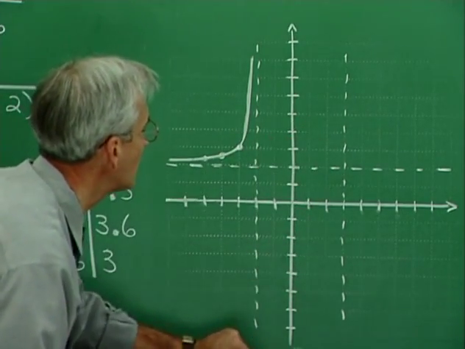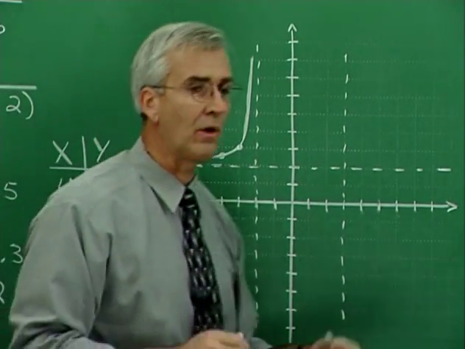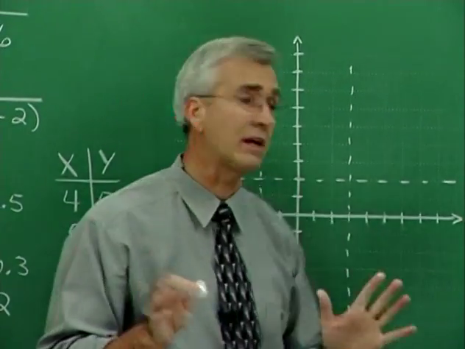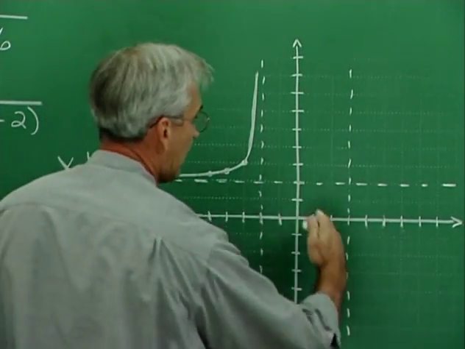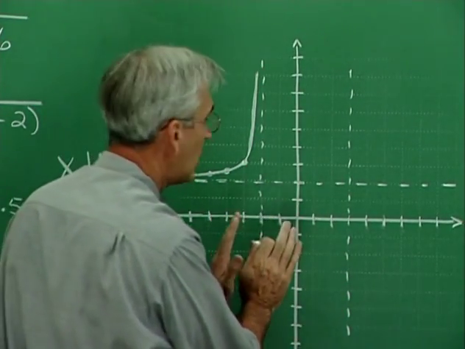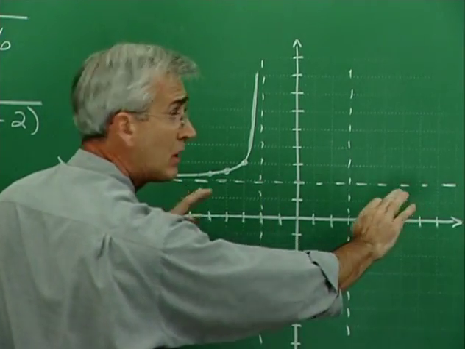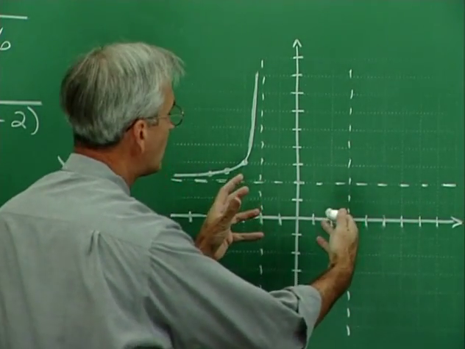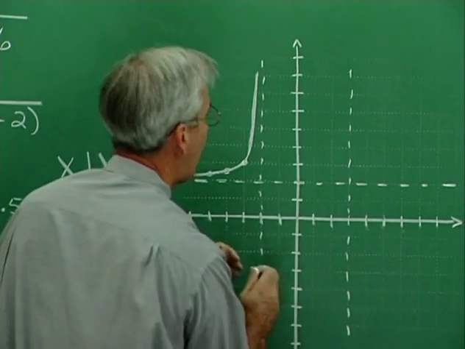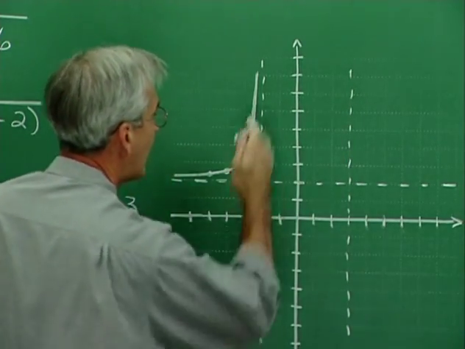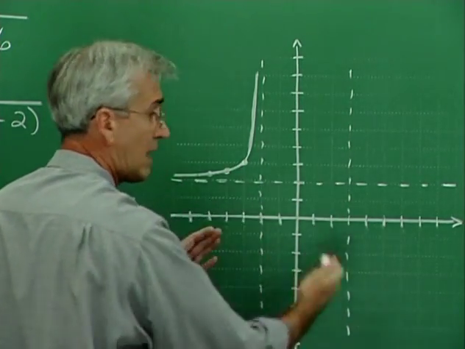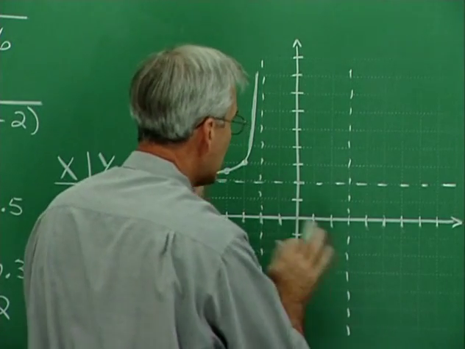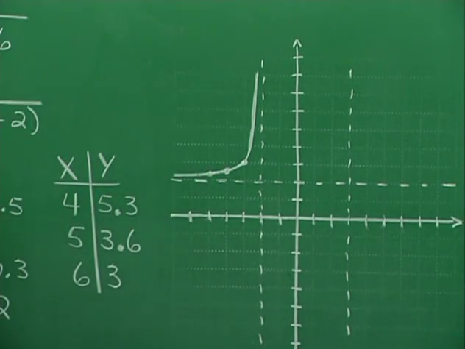Now, the middle part, by the way, can have a lot of different behaviors. We could have kind of an S pattern here. That is, the graph can go through the horizontal asymptote when we're in the middle of the coordinate plane. So we could have an S pattern like this, or an S pattern this way, a U pattern up, or maybe a U pattern down. It's kind of all over the board. Let's see what kind of pattern we have here.